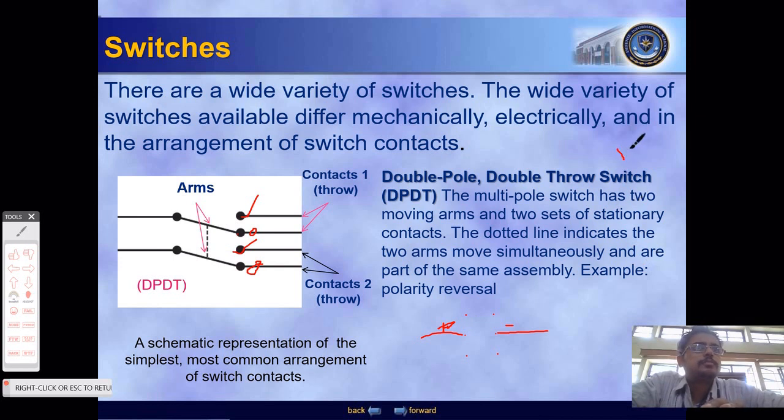And we take a DC motor. Suppose this is a DC motor, it has 2 terminals.